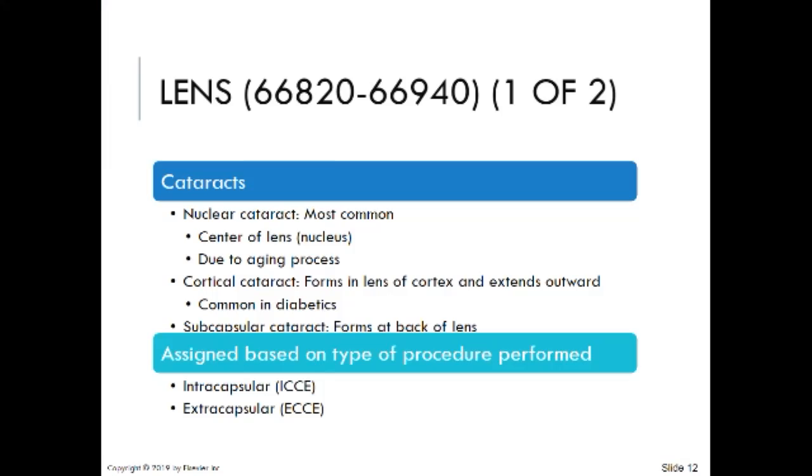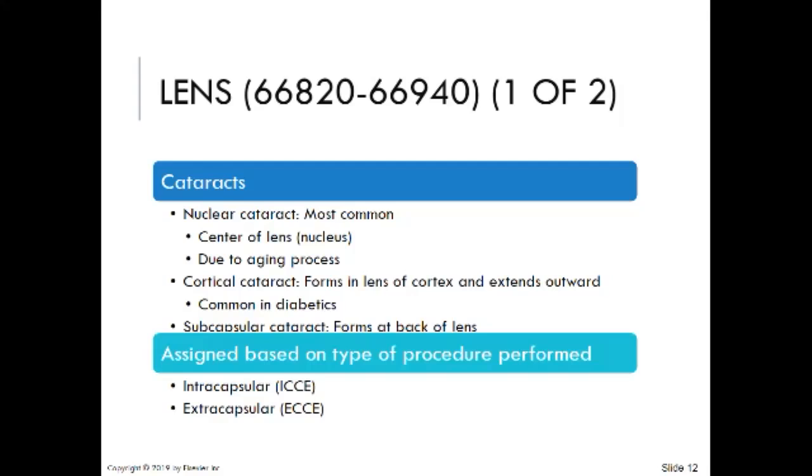So now we're moving into the lens, 66820 through 66940. So, cataracts. The nuclear cataract, which is the most common, is in the center of the lens, or the nucleus, due to the aging process. Cortical cataract forms in the cortex of the lens and extends outward, common in diabetics.